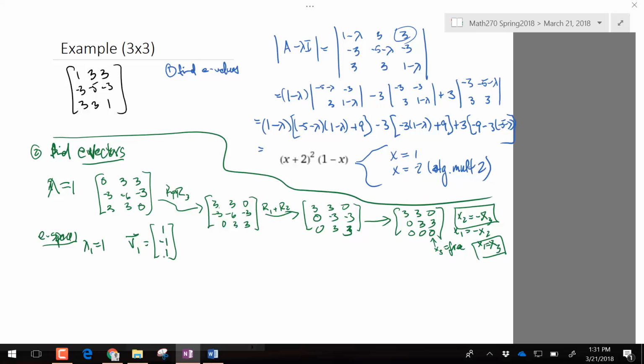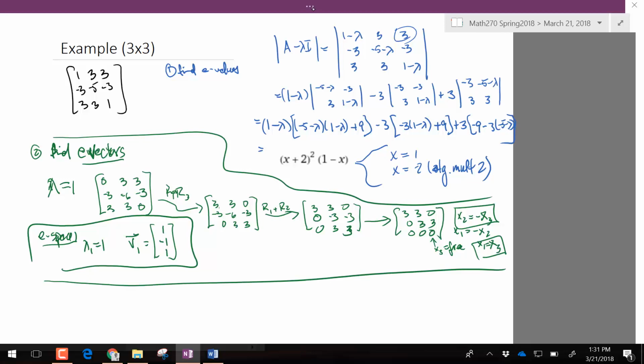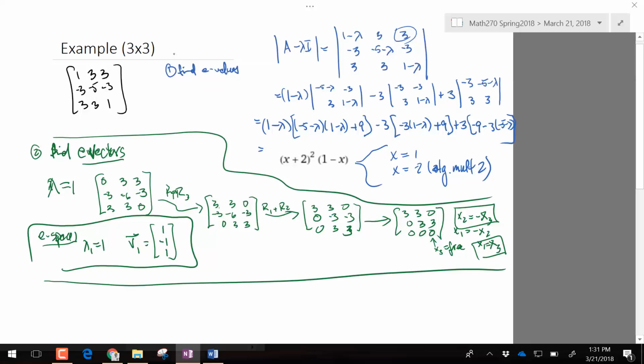Is that correct? All right. So let's box this and keep that for later. And Chris has a question. Yeah. So for lambda is equal to 1, you span a one-dimensional space in R3.